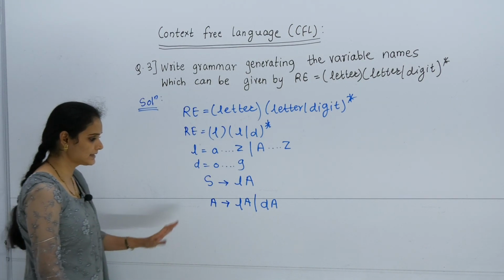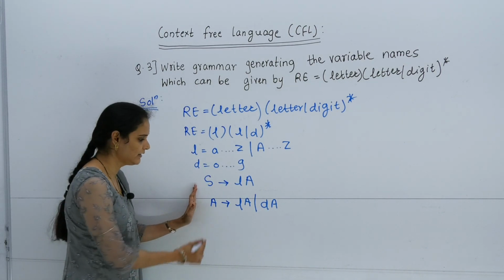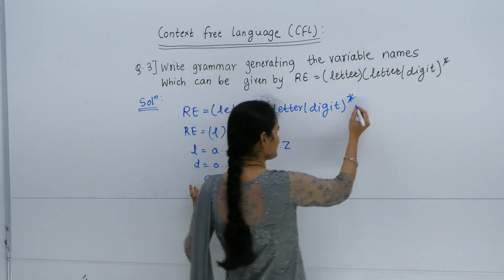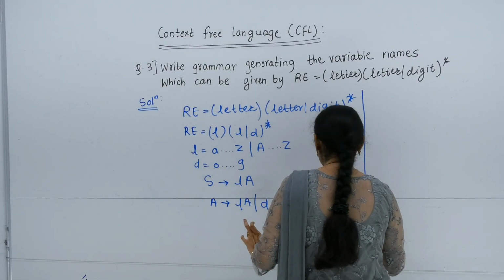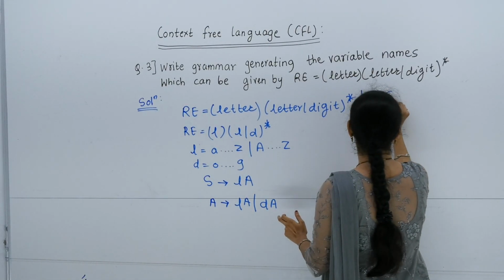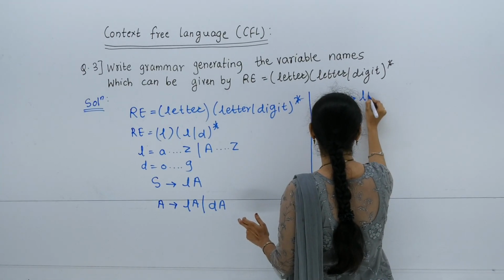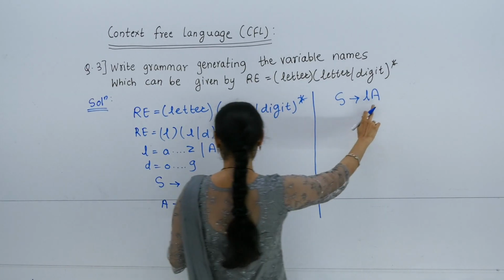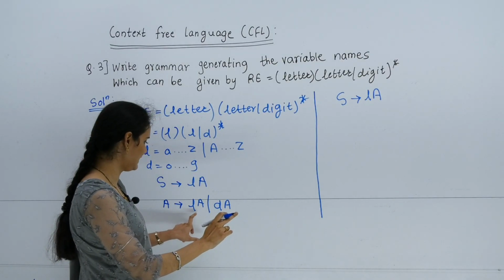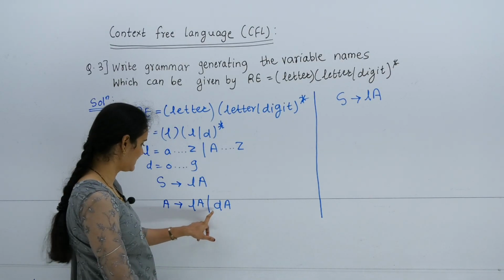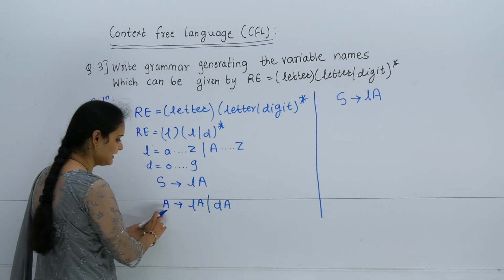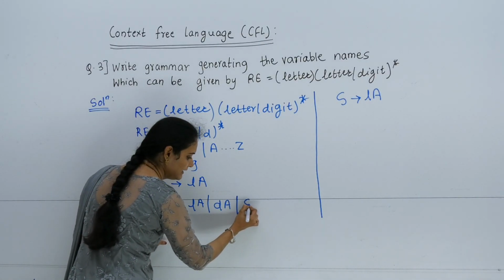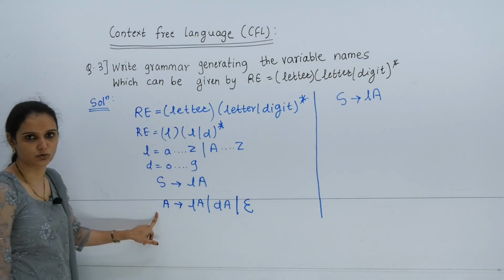See here, students, how exactly that will work. Every string will start with a letter, meaning S produces LA, and that A can be replaced by LA or it can be replaced by DA, and one more thing we can add, it can be null also.